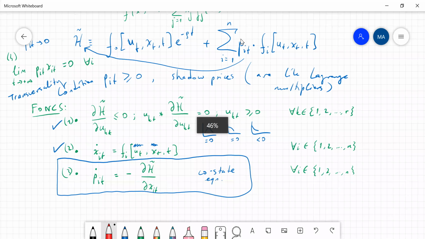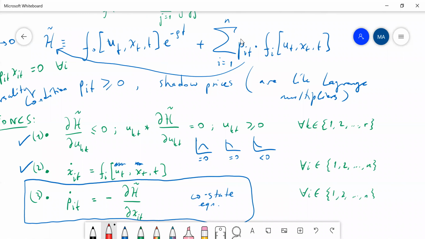As you see, the change in the value of the state variable will be equal to the benefit of it for my welfare times minus 1.